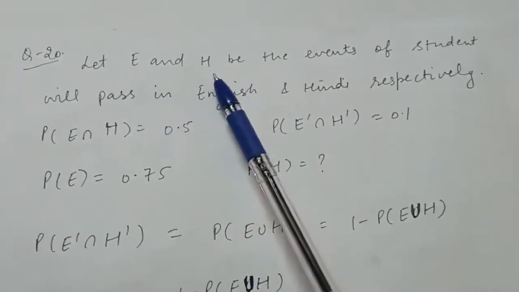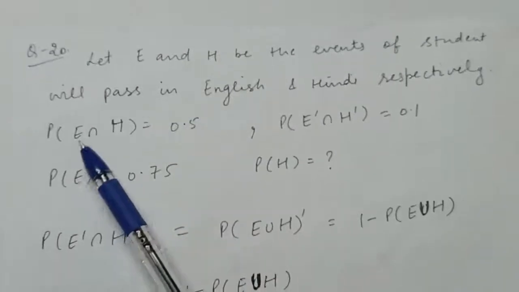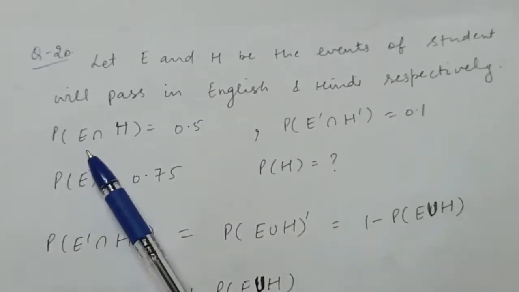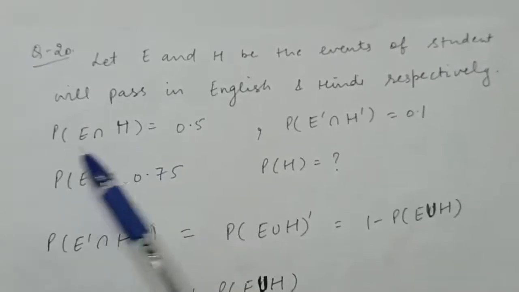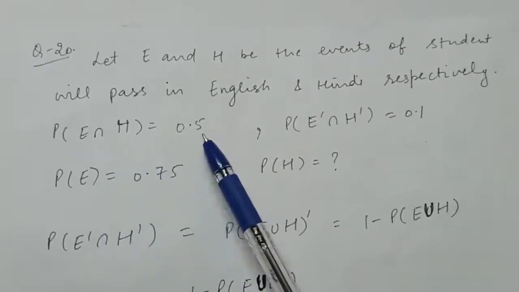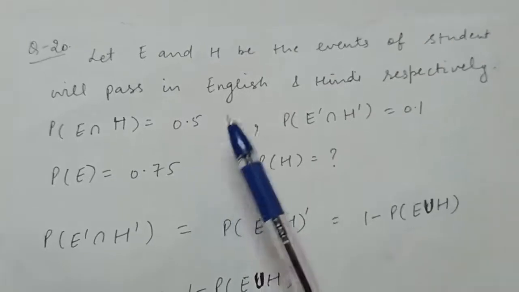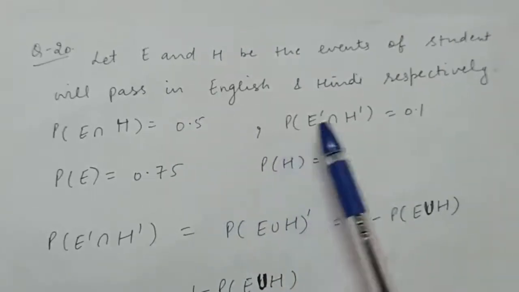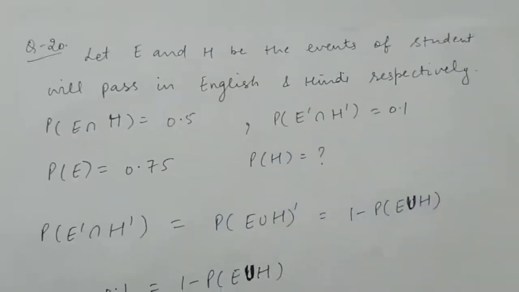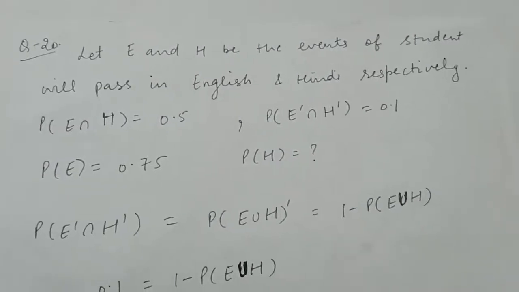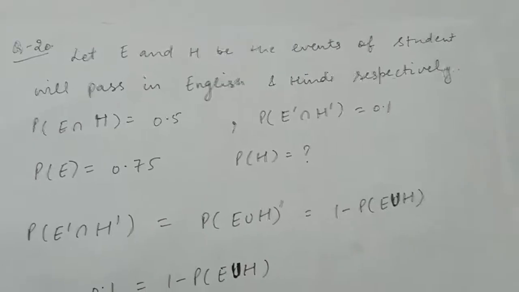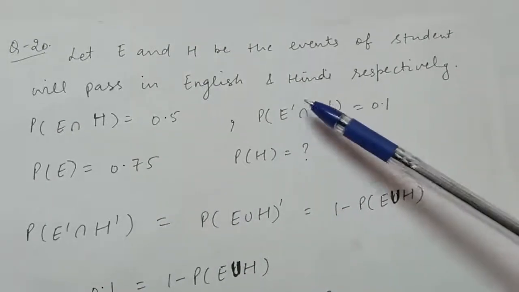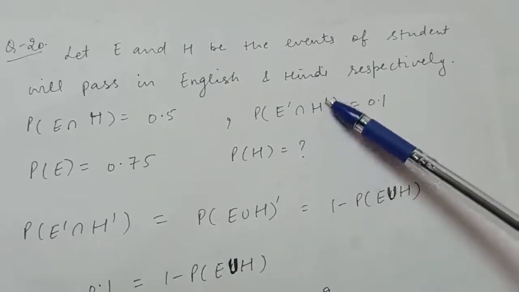Now they have given that probability that the students will pass in both the exams, that is E intersection H, is given as 0.5, and the probability of passing neither is 0.1. So passing neither means neither in the subject English nor in the subject Hindi, that is E complement intersection H complement.